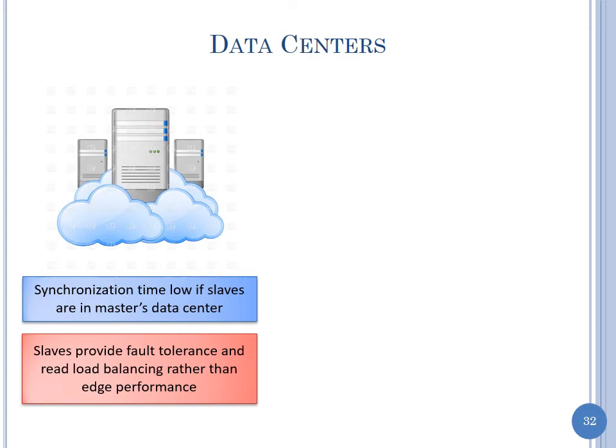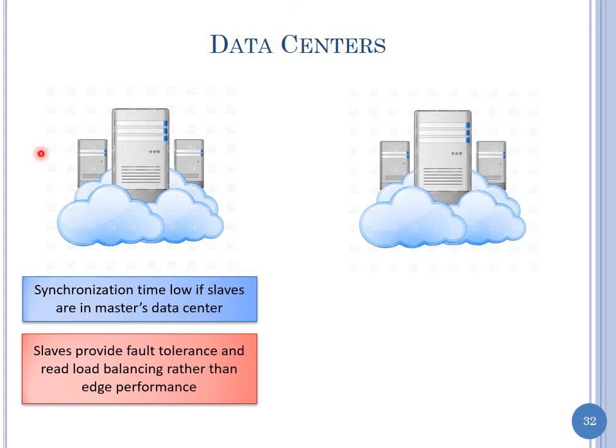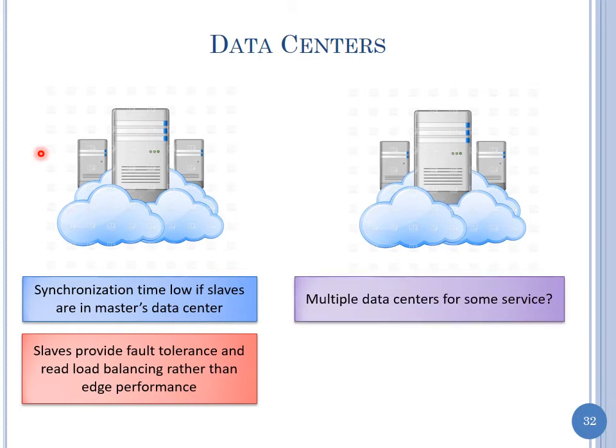Okay, so they are in the master's data center, and multiple data centers for some. And the data centers can be physically protected, so that improves security also. Okay, so that's typically what you will have.